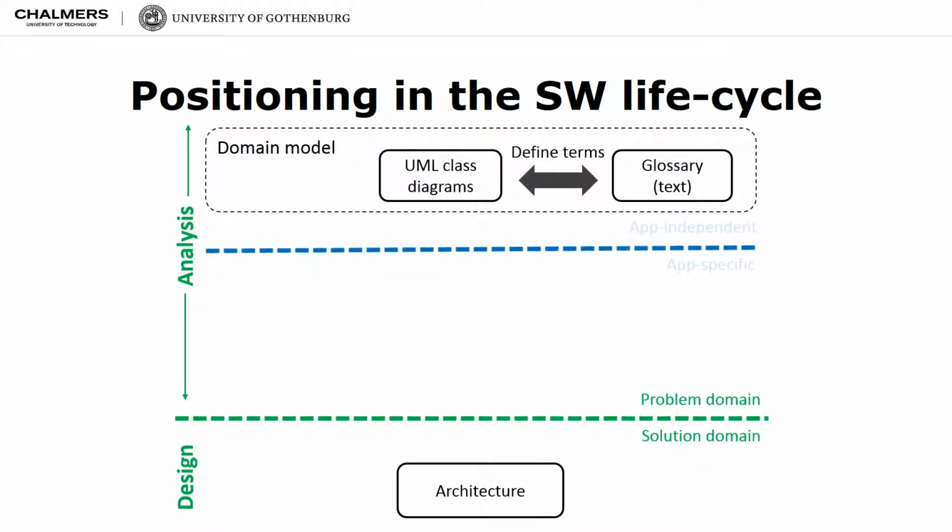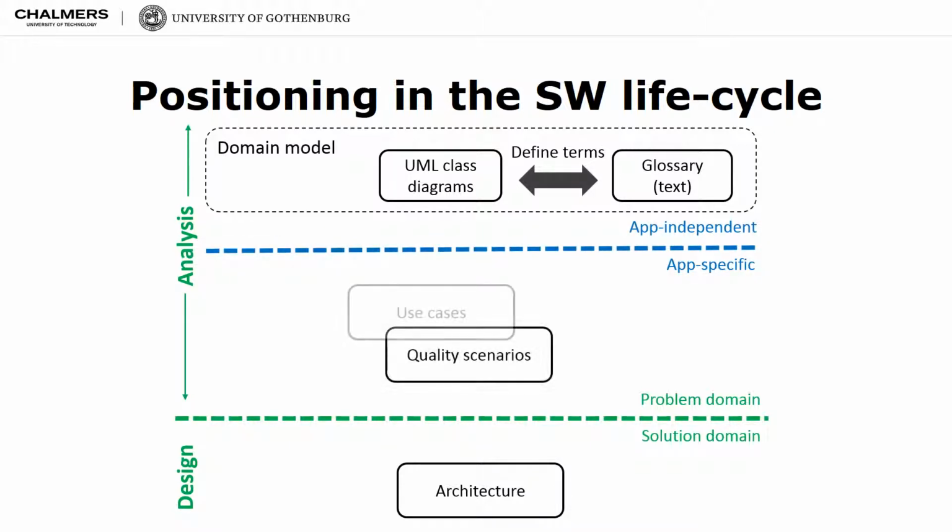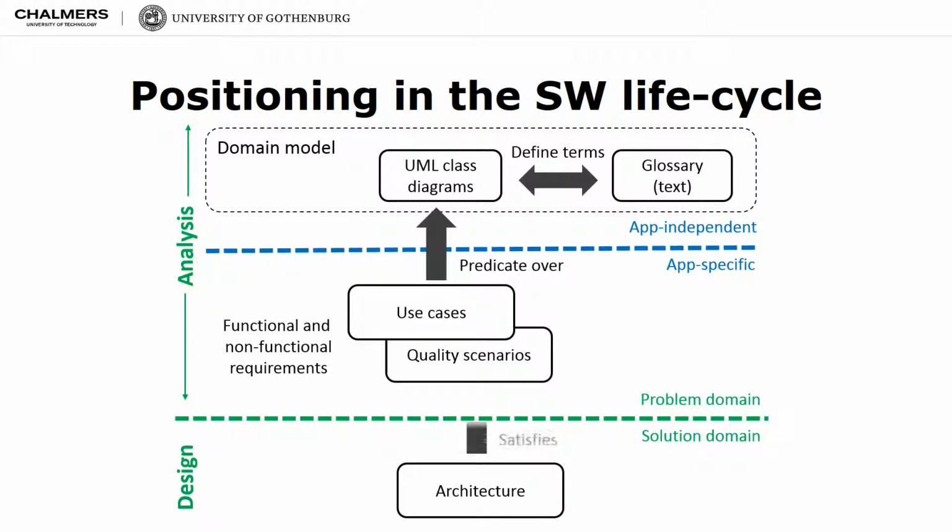We also talked about the distinction between domain model and requirements, and this distinction is more apparent if we consider that the analysis phase can be seen as divided into a more application independent part and a more application specific part.